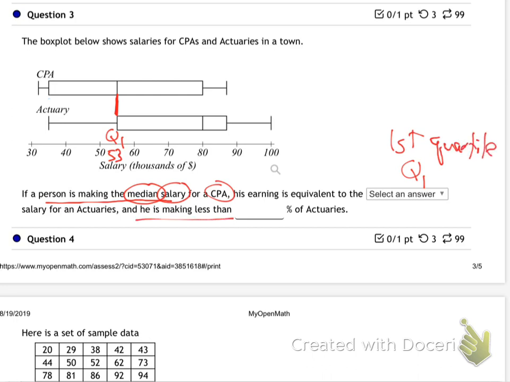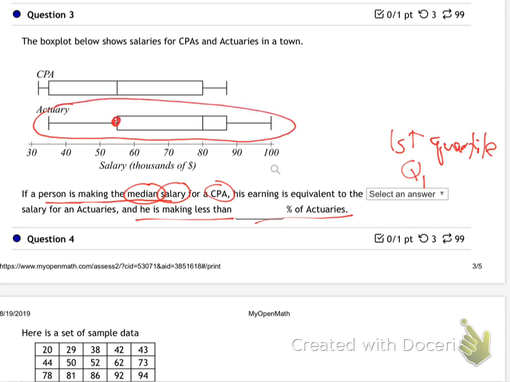And this person's salary, this $53,000 salary that the average CPA is making, is less than what percent of the actuaries? So look at the actuary. Pretend this is a football game or a basketball game.